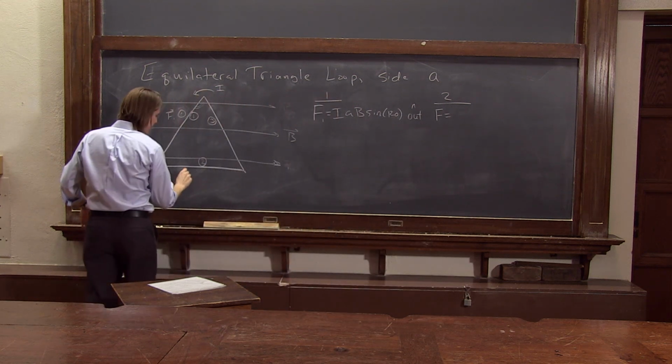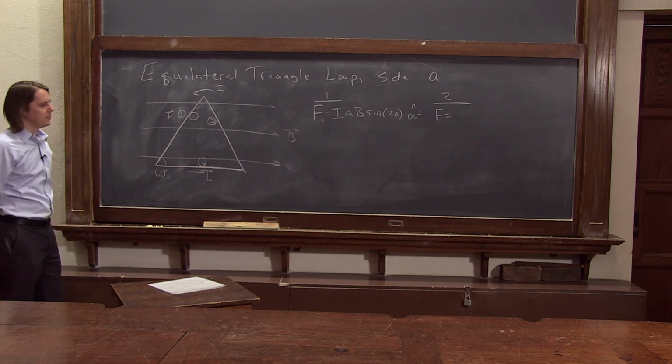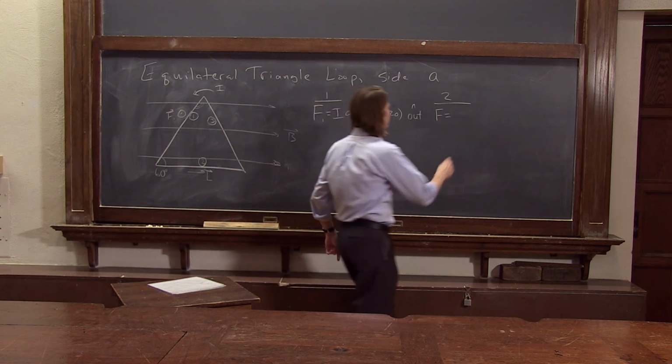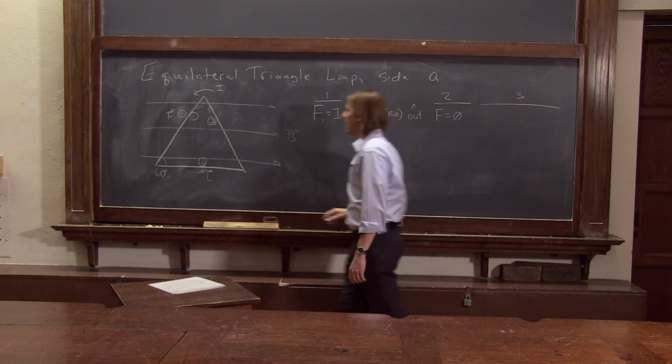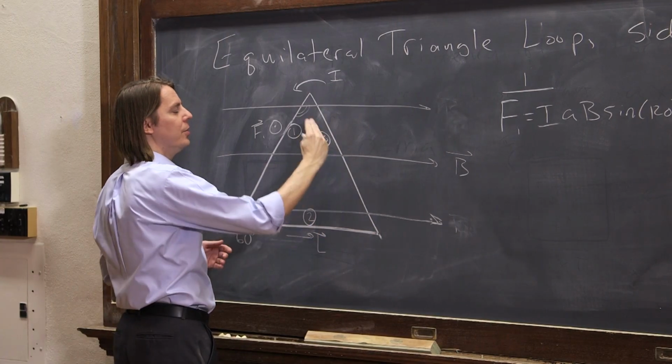Side 2 has its L down here, like that. L is the same direction as B. The cross product, L cross B, is 0. So side 2 is 0. Side 3 is very similar to side 1. L goes up this way.